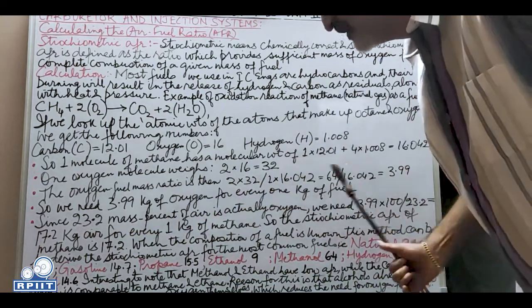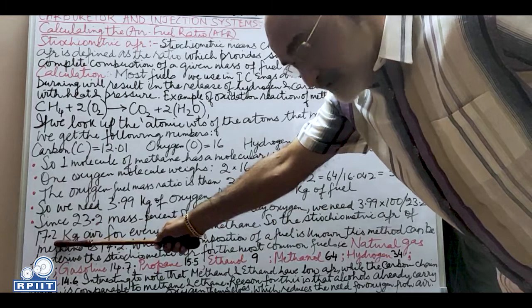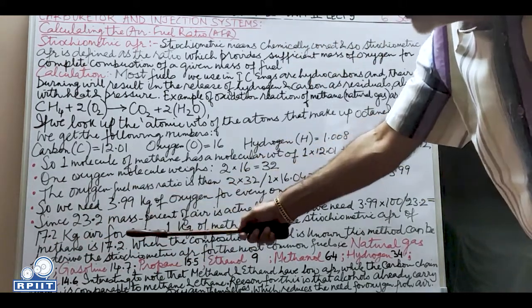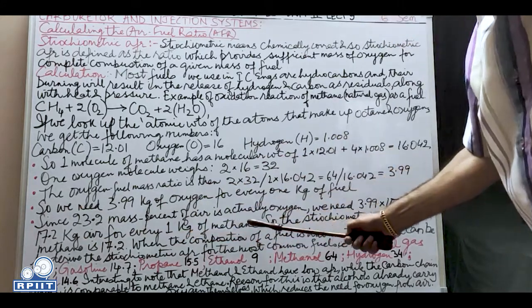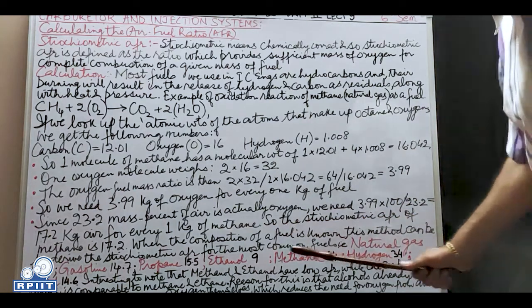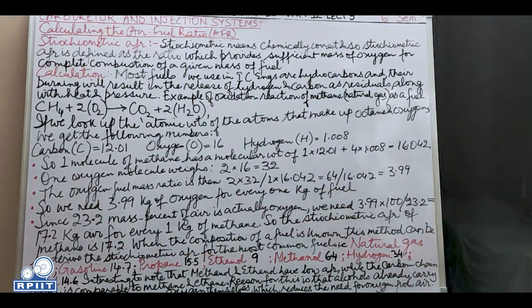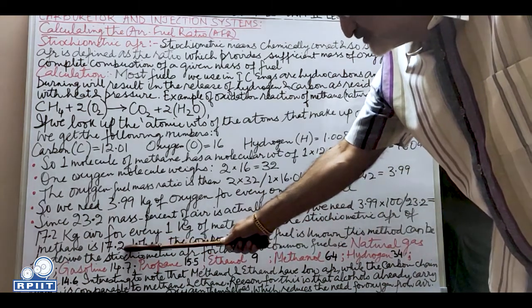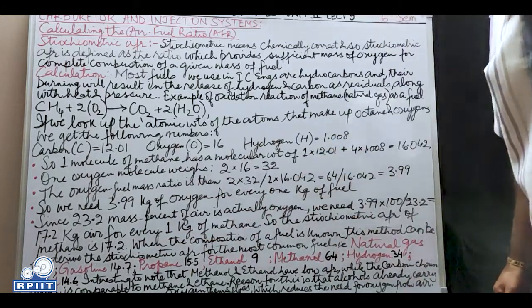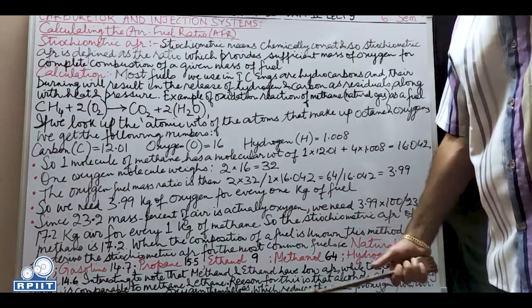Out of this, 3.99 kg will be oxygen and the rest will be the other components of air, for every 1 kg of methane. So the stoichiometric AFR of methane is 17.2. 17.2 kg is the air required for burning 1 kg of methane. So the stoichiometric AFR is 17.2:1.